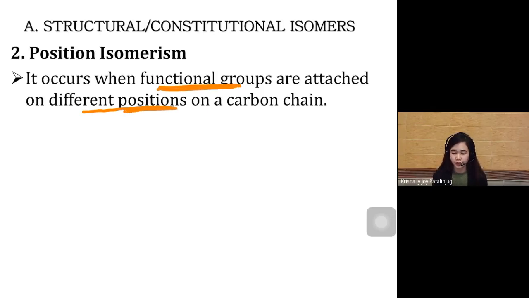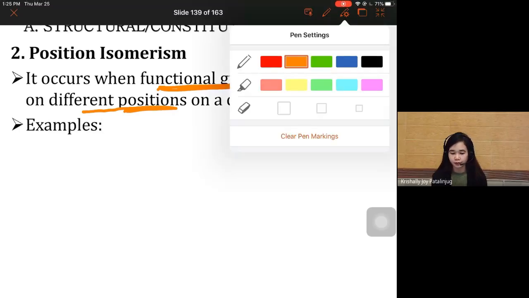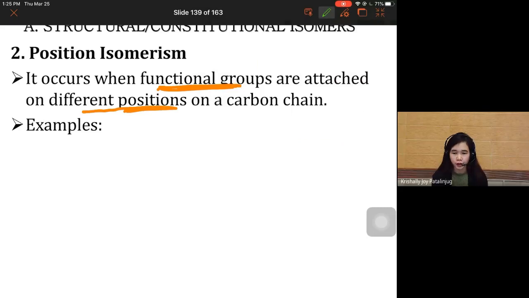What are examples of functional groups? We have the double bond, the carbon to carbon double bond, which is the functional group of alkene. Another is alcohol. Another is halide, when there is a halogen.